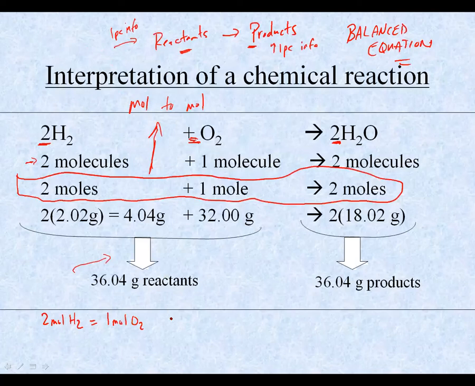We could also say that for every 2 moles of H2 I throw in there, I could see on the product side, I get 2 moles of H2O out. I could also look at O2 and say that for every 1 mole of O2 I put in there, I get 2 moles of H2O out.